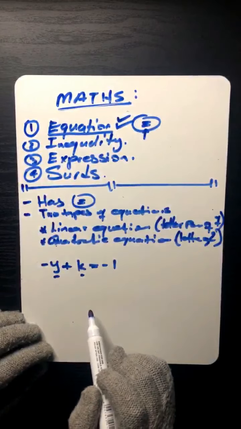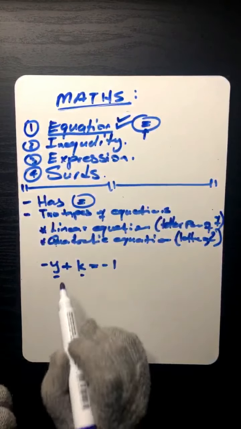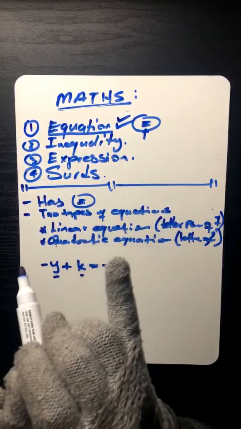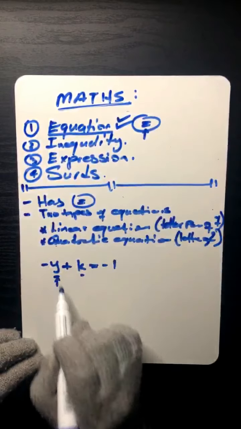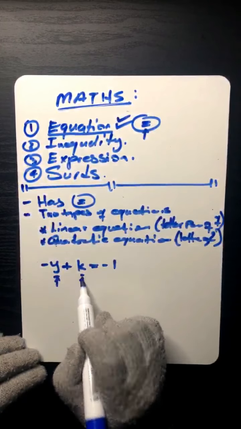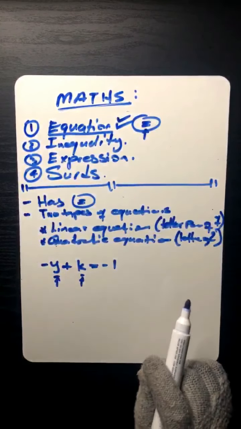Yes, 100%. So that means if you had to solve this, you were just going to have one value of each letter. So you're going to have one value of y, and if you're also solving for k, it was just going to be one value for k. Makes sense? Yes. 100%.